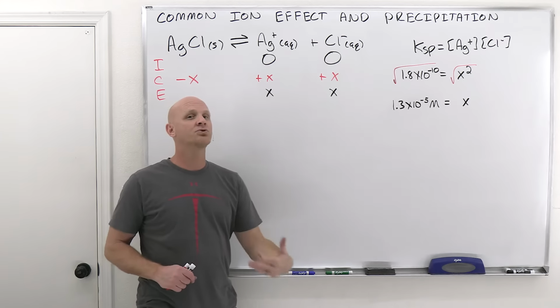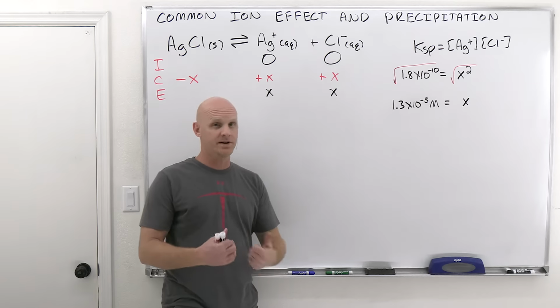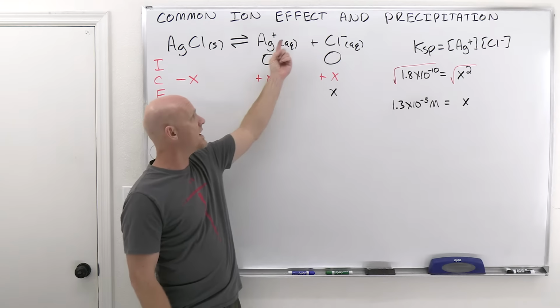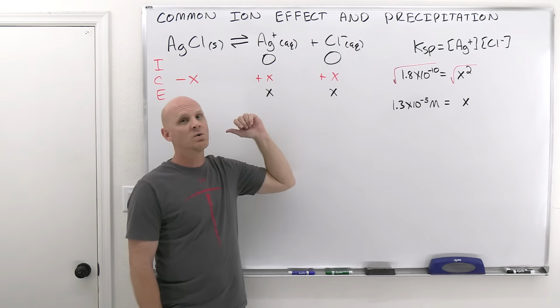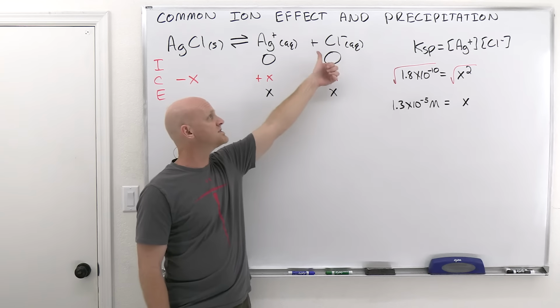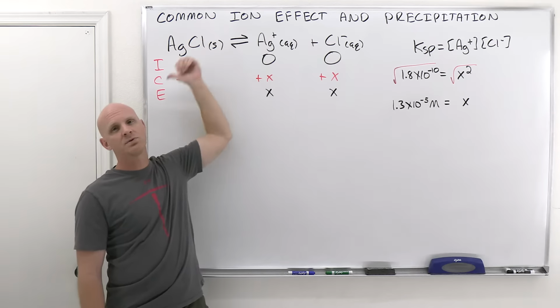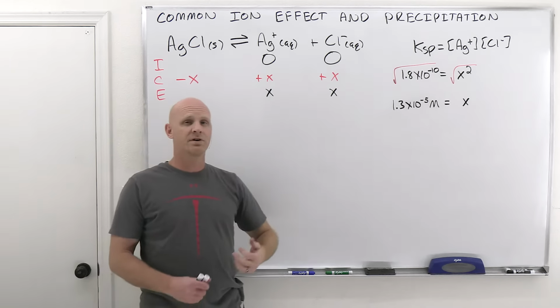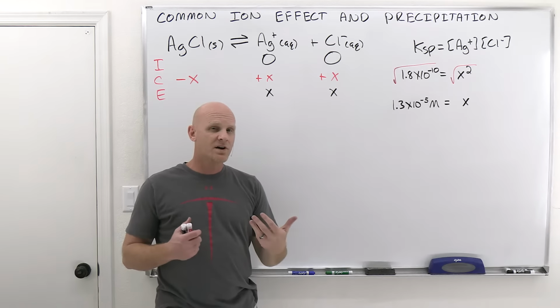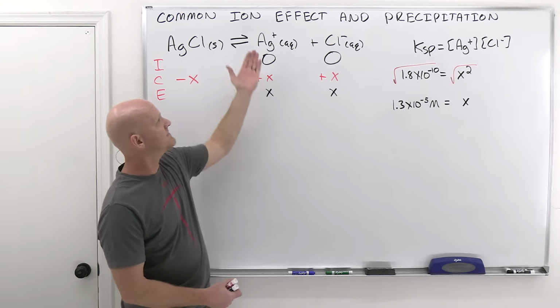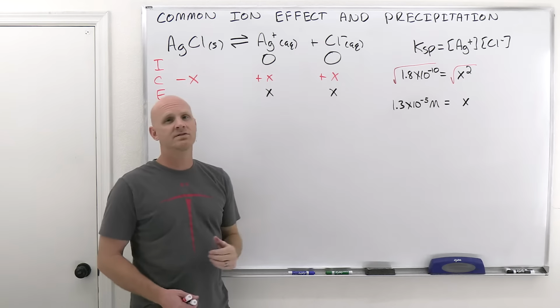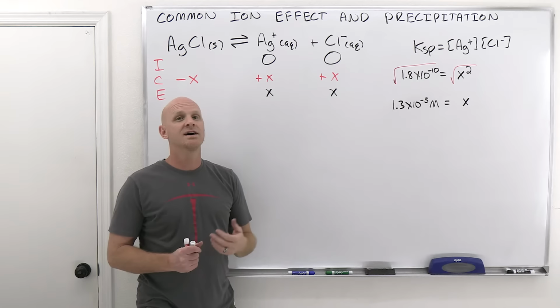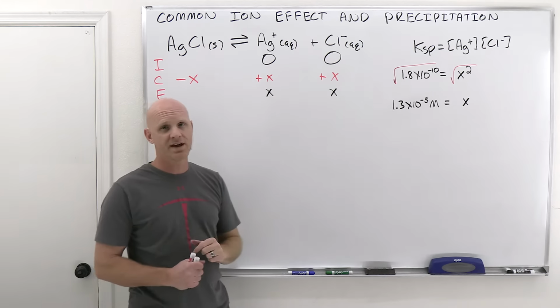But if I add a strong electrolyte, one that dissociates completely, that contributes either silver ions or chloride ions into the solution, then according to Le Chatelier's principle, it's going to shift this equilibrium back to the left, meaning I have less solid dissolved, and less solid dissolved means lower solubility. And so the common ion effect means that having either one of these ions present in the solution from some other source is going to reduce the solubility of AgCl.